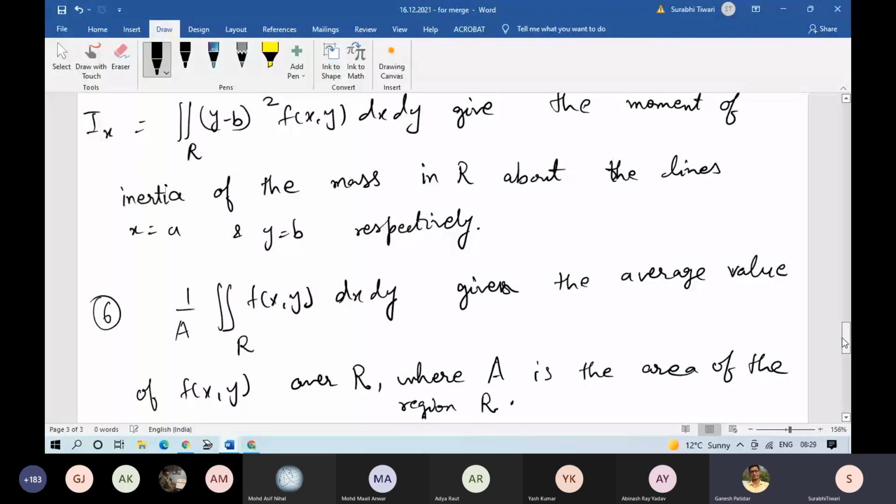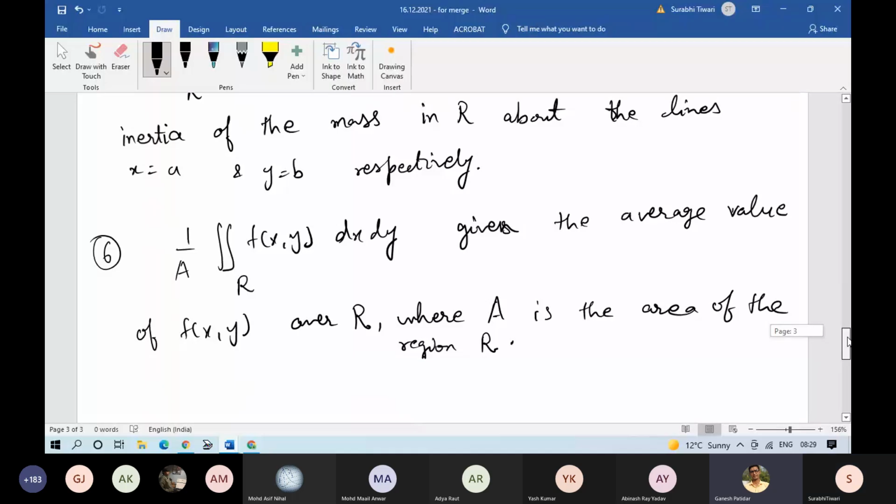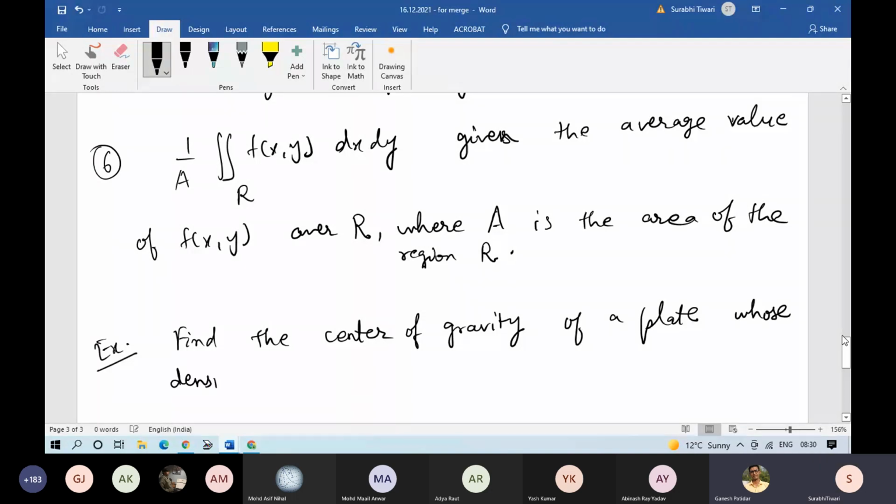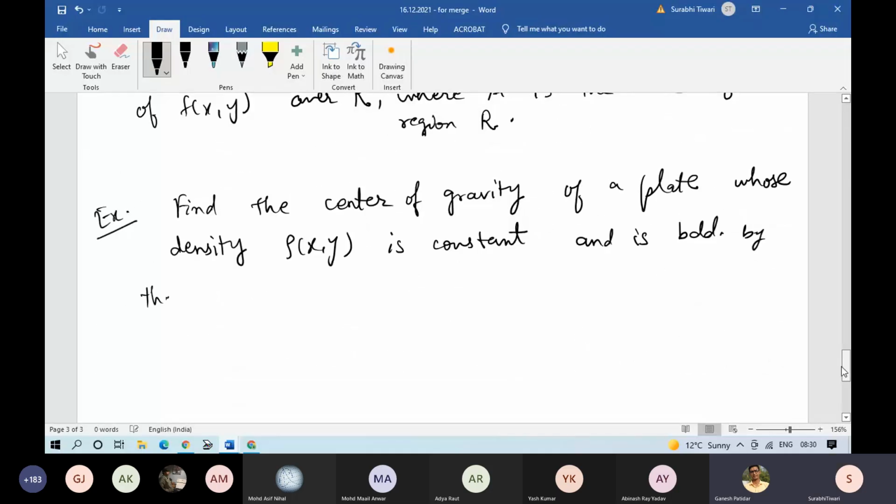Okay, so now let us write a question using all these formulas. Find the center of gravity of a plate whose density rho(x,y) is constant and is bounded by the curves y is equal to x square and y is equal to x plus 2.